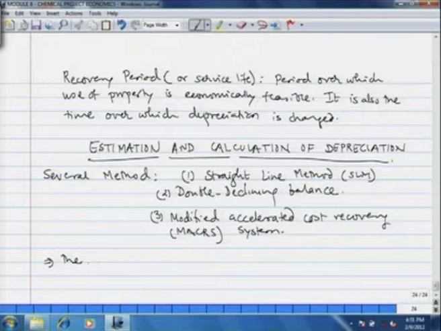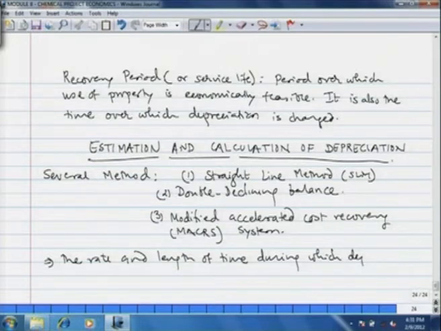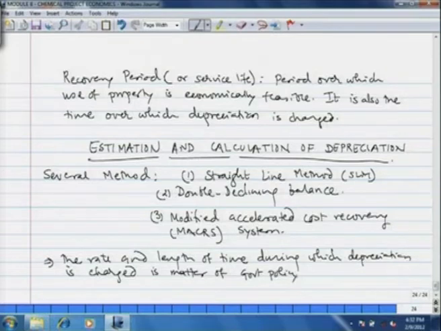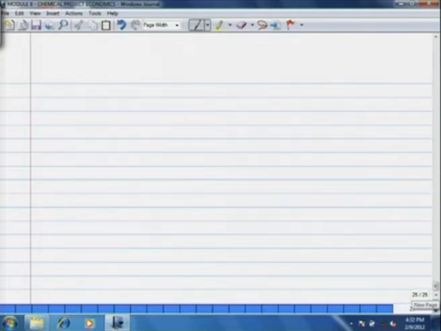The length, the rate and duration or length of time over which depreciation is charged is a matter of government policy. But let us see these different methods of depreciation. The simplest one is the straight line method, SLM.